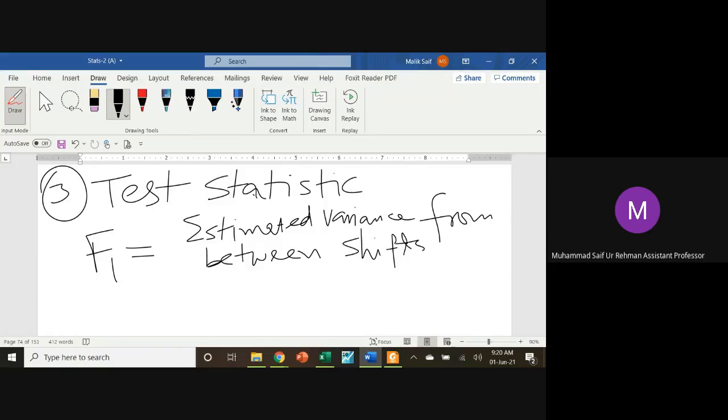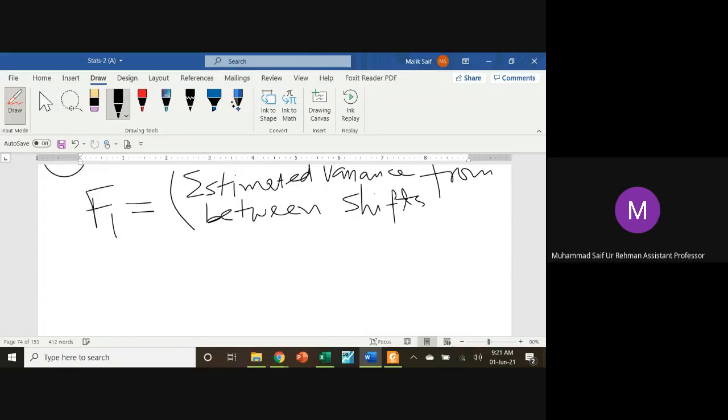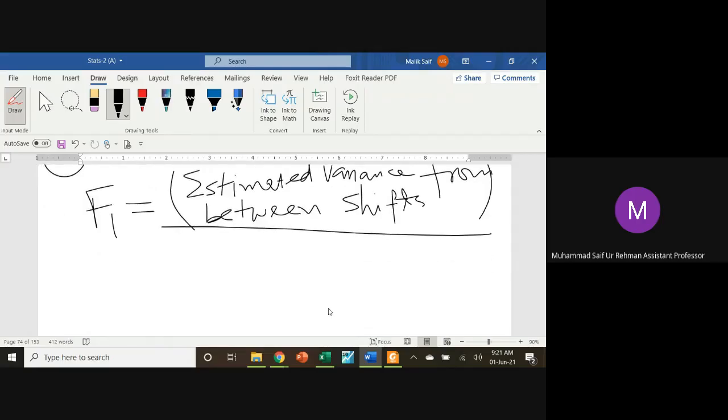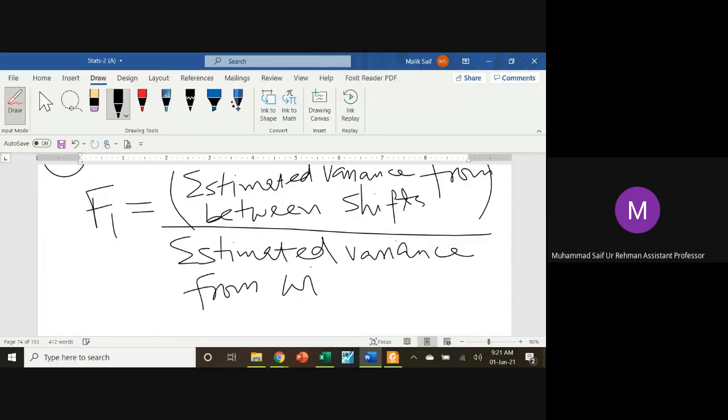So whatever estimated variance you will obtain from between shifts, that will be the numerator in this case, and the denominator will be divided with the estimated variance from within shifts.